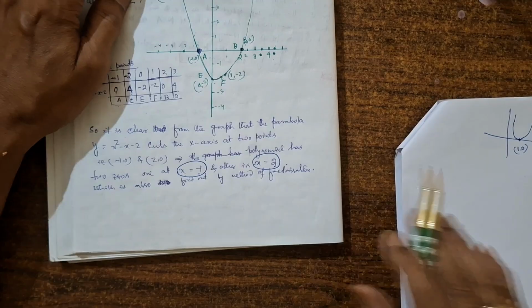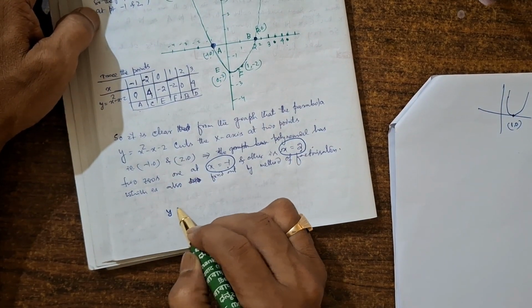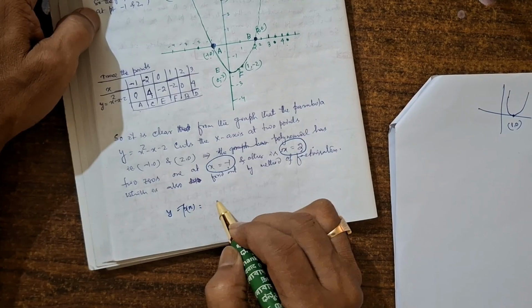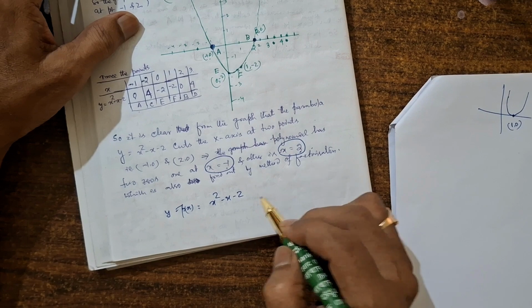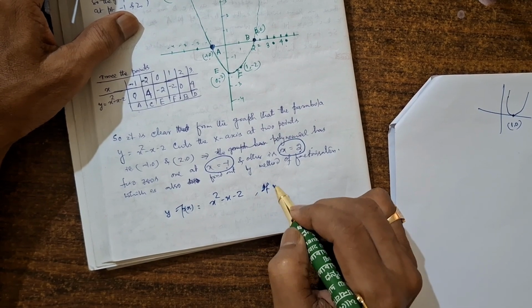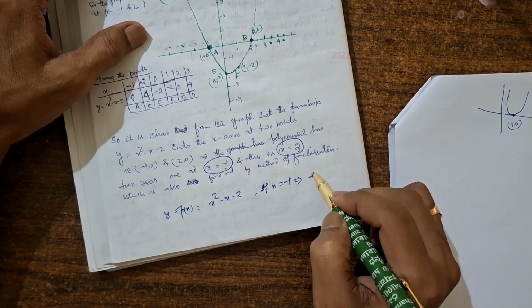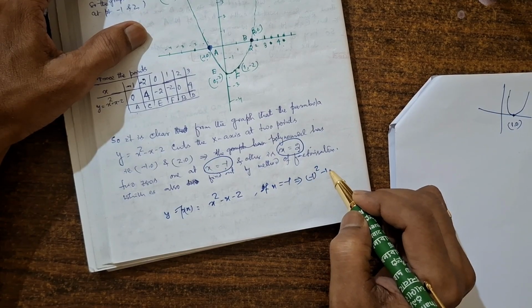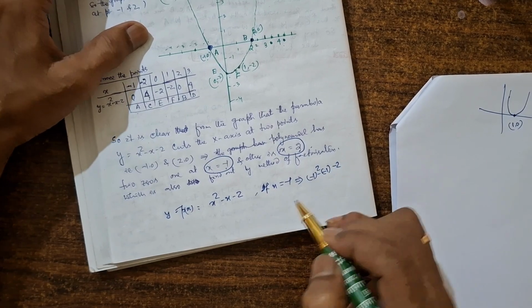Just to verify, what is the polynomial given? y is equal to p(x) is equal to x square minus x minus 2. If x is equal to minus 1, this implies minus 1 square minus of minus 1 minus 2.